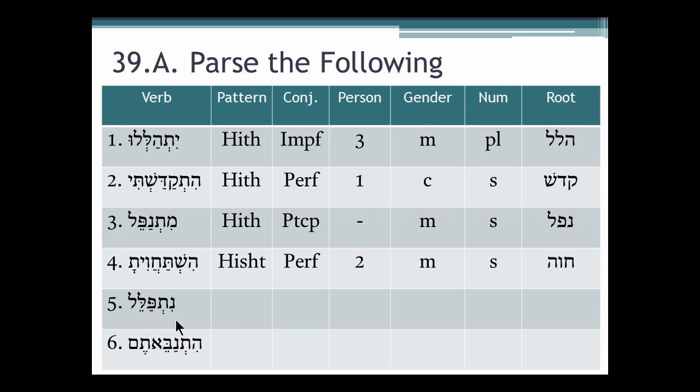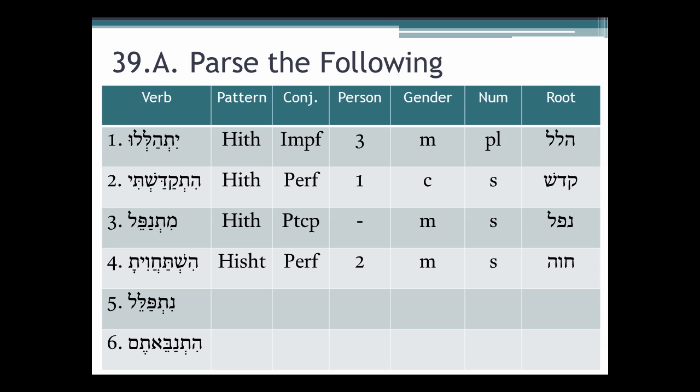Number 5, nithpalel. We have nun. Is that a prefix? Well, that's one of our possible prefix consonants. It's followed by tav with a short i, nith. This is not Niphal. It's nithpalel. This is a Hithpalel. Okay, that's the pattern, Hithpalel.